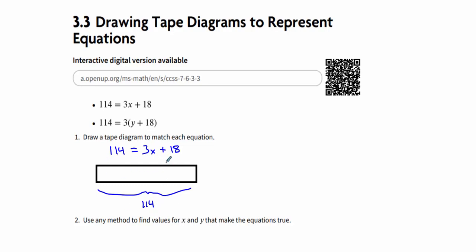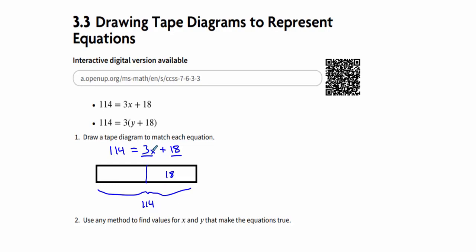And now I've got to split this up into parts, right? I have a part that's 3x's plus another part that represents 18. So I'm just going to split this. I'm going to make this separate. This part and this part. So I'll have this part equal 18. It doesn't matter which side I put it on.